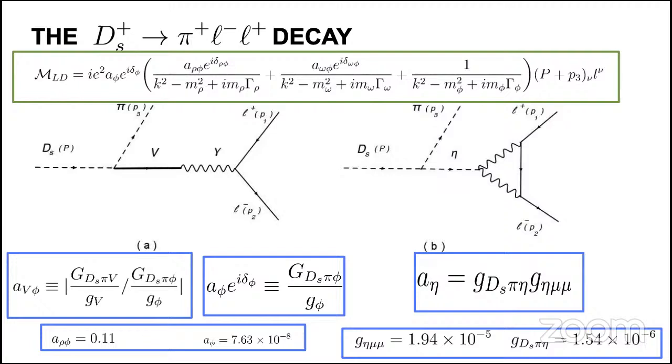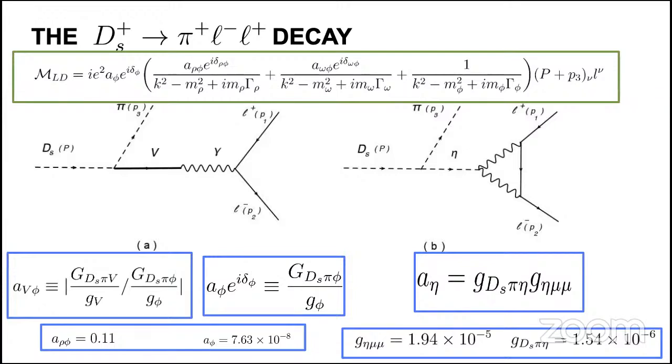The long distance amplitude is this, and the A rho phi and A omega phi are constants that have been calculated in the individual processes.